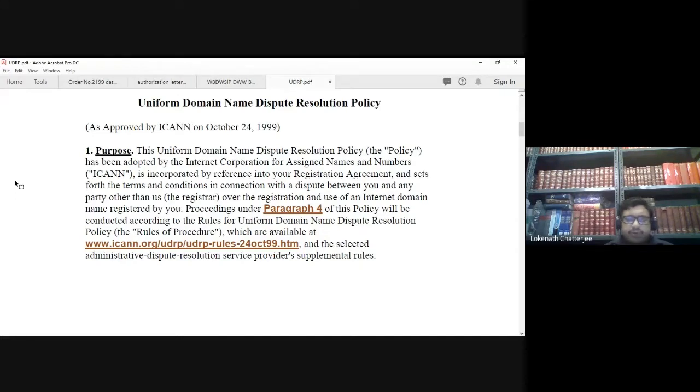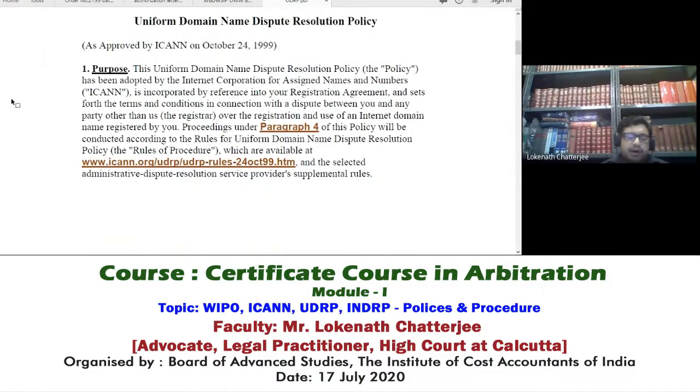For example, a service provider would be the WIPO Arbitration and Mediation Center, which administers and provides administrative support. Technical advisory to ICANN was given by WIPO, as it's more or less a WIPO undertaking.